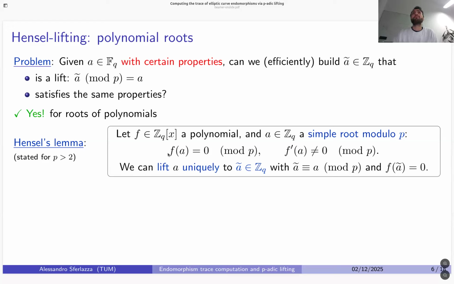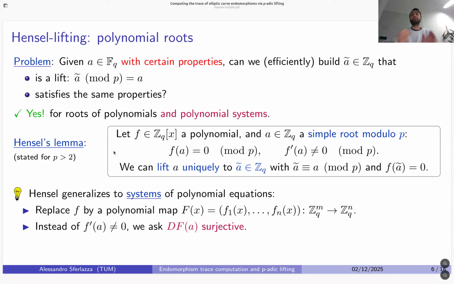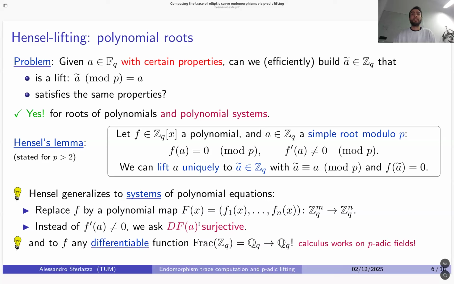More generally, apart from roots of polynomials, we can consider many polynomial equations. So we can lift roots of systems of polynomial equations by just increasing the dimension of this polynomial function. It becomes a polynomial map. And instead of requiring the derivative to be non-zero, we require a surjective Jacobian matrix, a surjective differential at a given point.